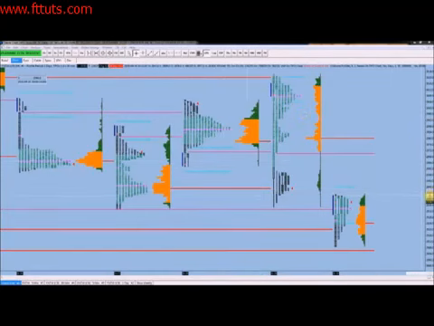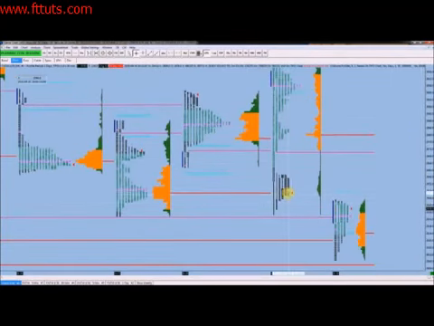Of course, yesterday is another classic day where we have closed extremely out of value. Extremely out of value. So of course, closing out of value meant that the previous day's value area low will be and should be an incredible area of resistance.